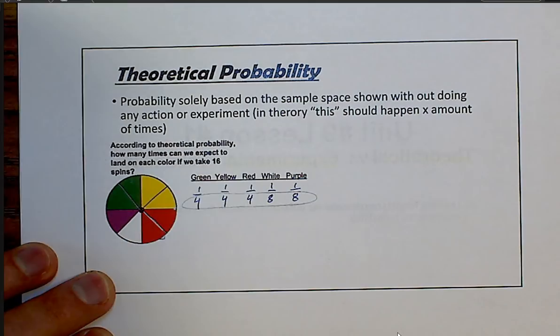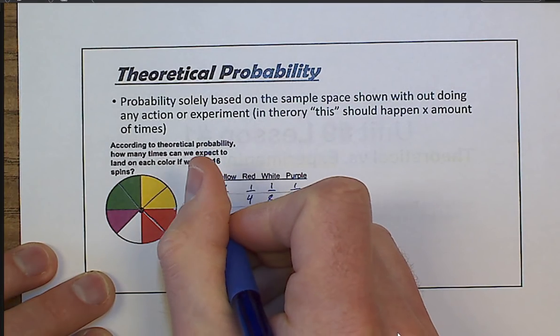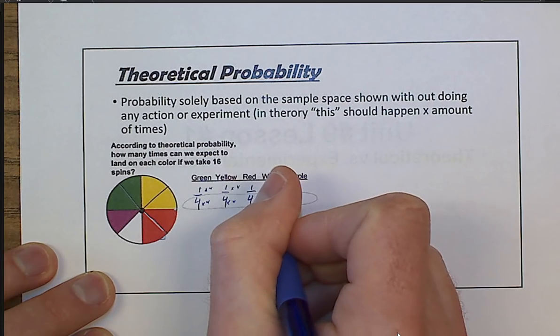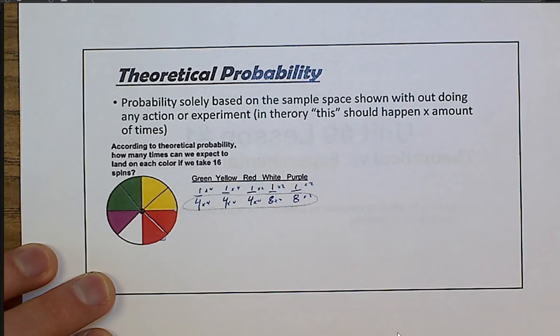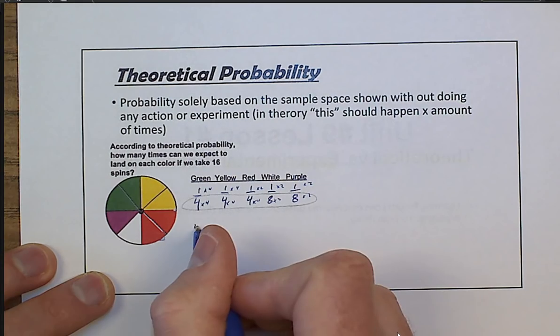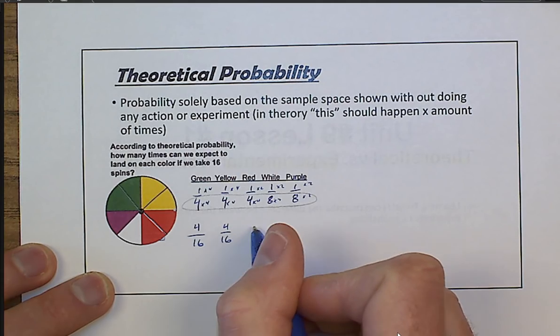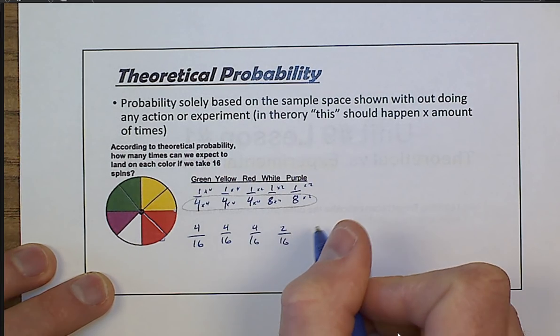So we would multiply by 4, by 4, by 4, and by 2 for white and purple. Whatever you do to the top, you have to do to the bottom. So 4/16, 4/16, 4/16, 2/16, 2/16.